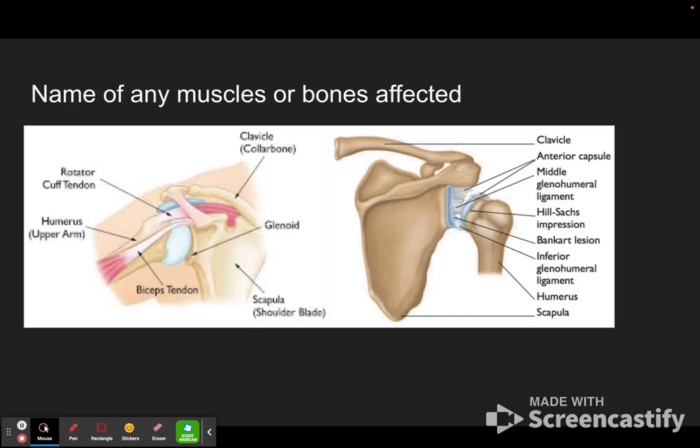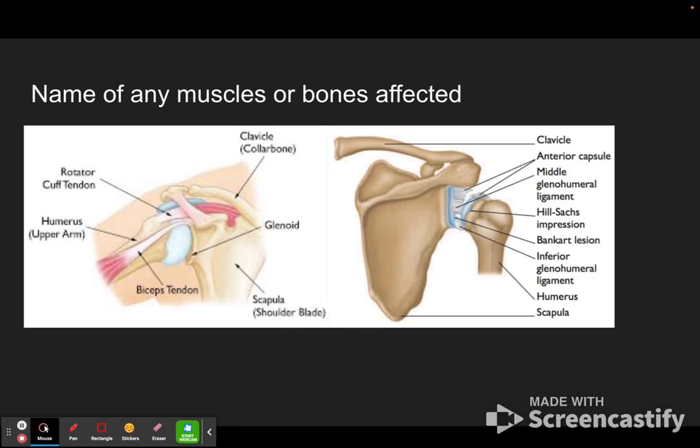Now, the name of any muscles or bones affected. For muscles, the muscles commonly involved include the rotator cuff muscles, the supraspinatus, the infraspinatus, the teres minor, and the subscapularis, and the muscles around the shoulder blades, such as the rhomboids and the serratus anterior.